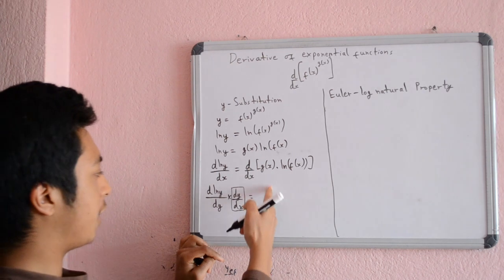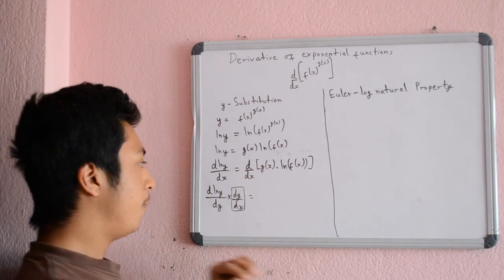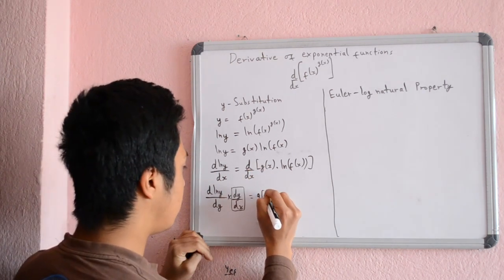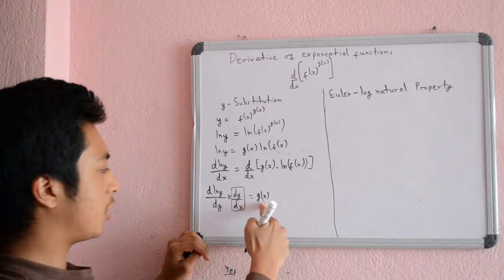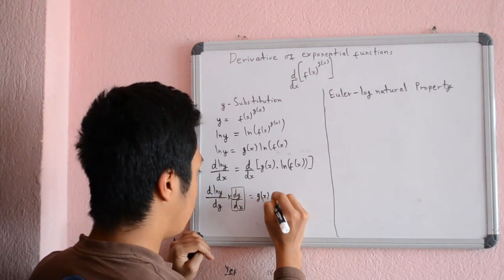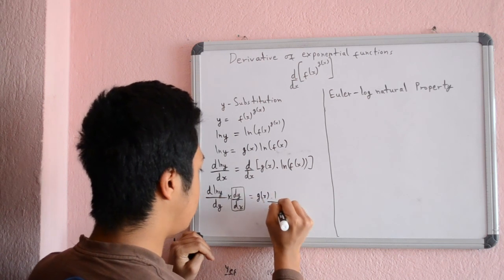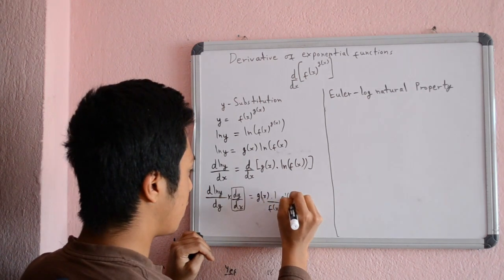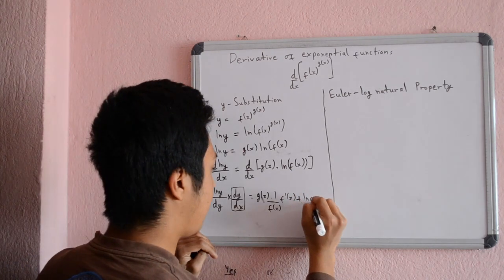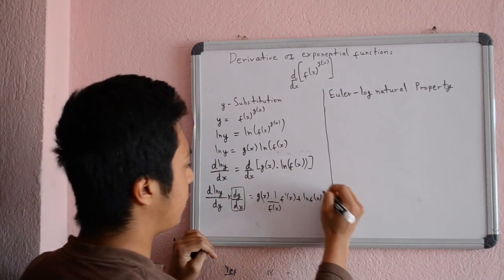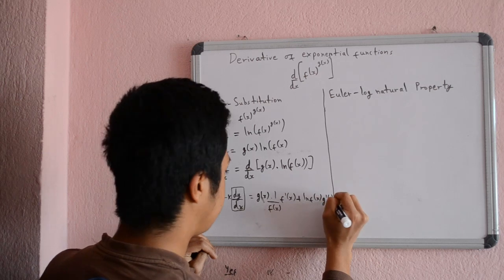This will be equal to, here simply follow the product rule. This is g(x) times the derivative of this function, which will be 1 over this function times its derivative using the chain rule, plus ln of f(x) times the derivative of g(x).